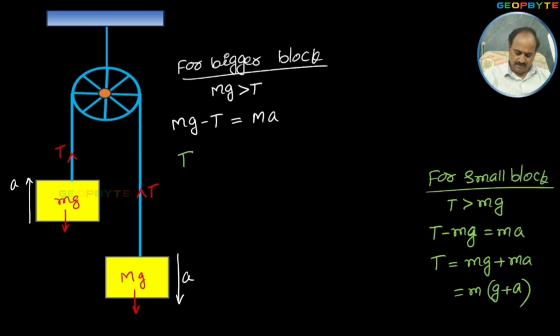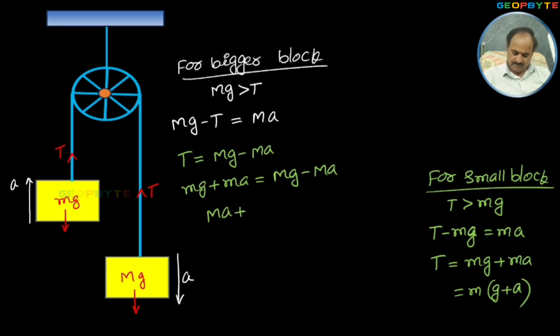From this, capital T equal to Mg minus Ma, right? In the place of T, let me write that value. That is mg plus ma equal to capital Mg minus capital Ma. Let us write m terms one side, g terms other side.